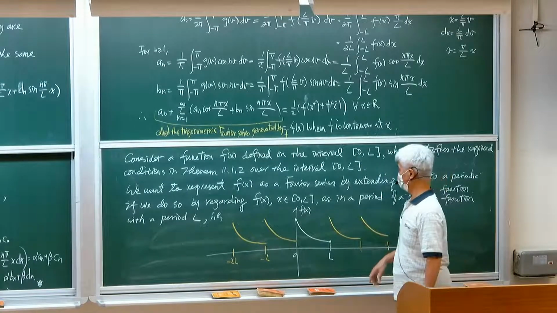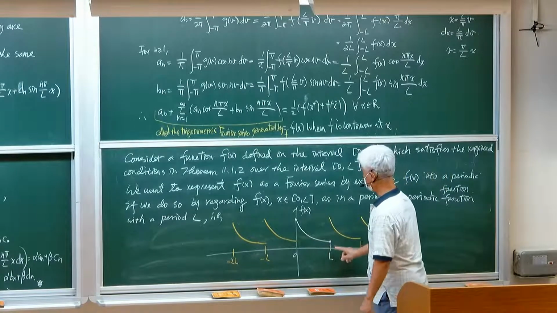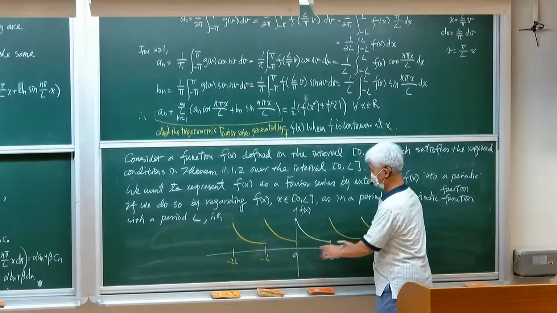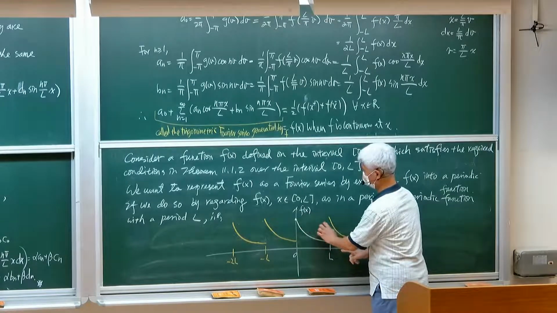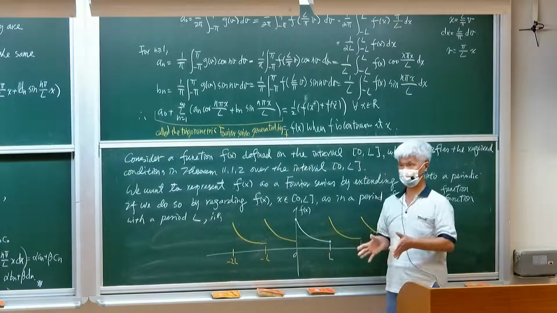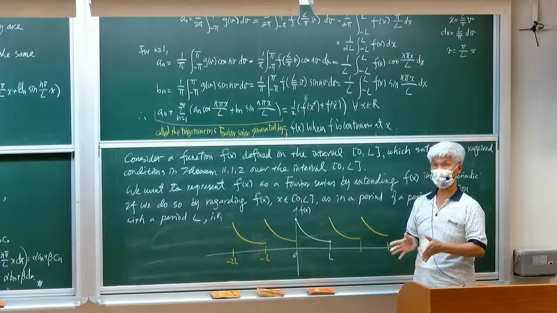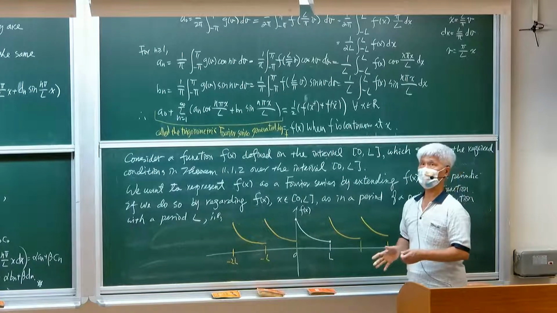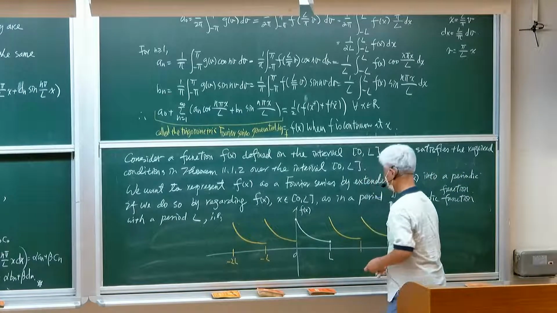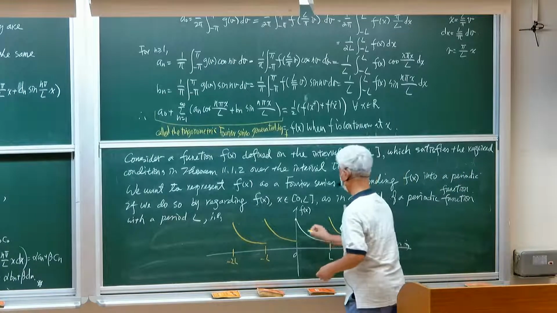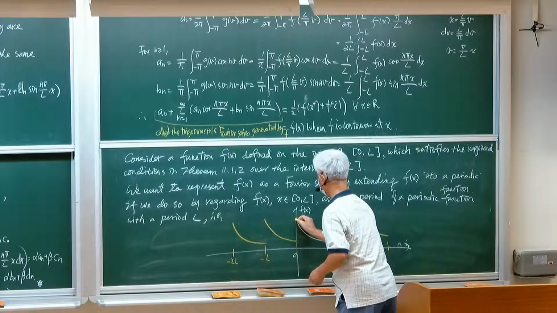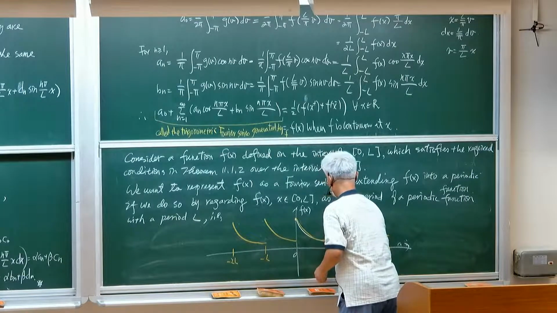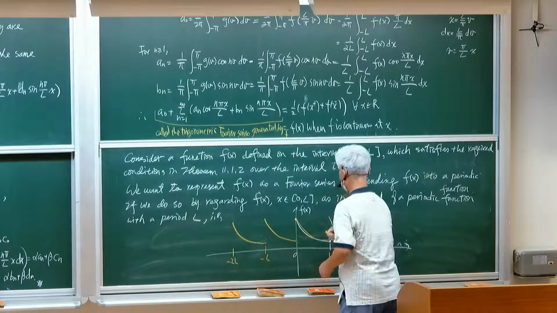Why? Because in general, the function has different values at 0 and L. So we can do something like, for example, we keep this one, but here we open it.